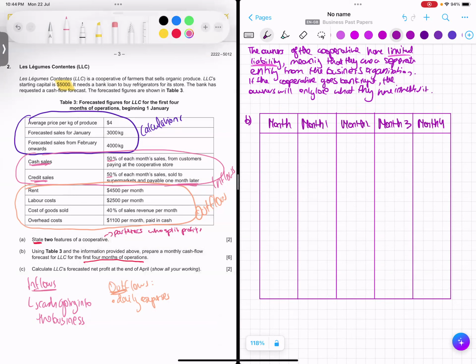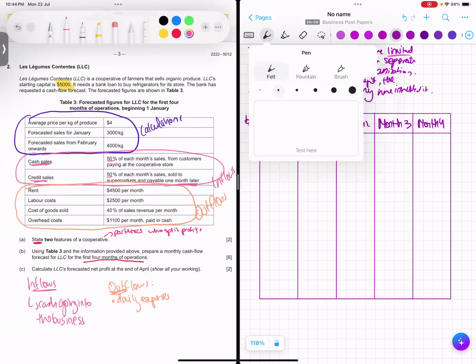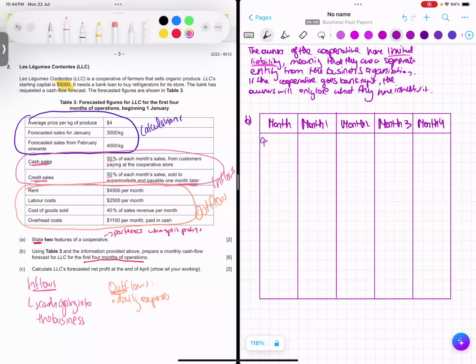Now we have to begin by actually writing. I'm going to make my handwriting thinner here. Opening balance. This is basically the money that the business starts off with. Give me a second guys so I can put these all together.